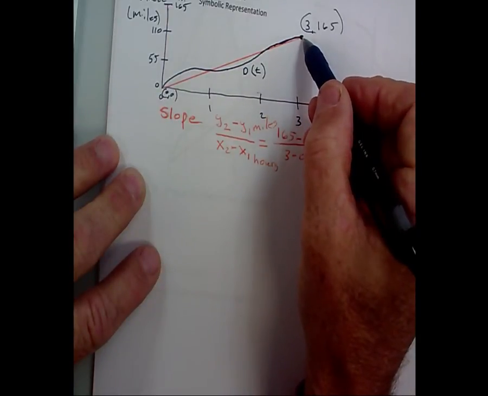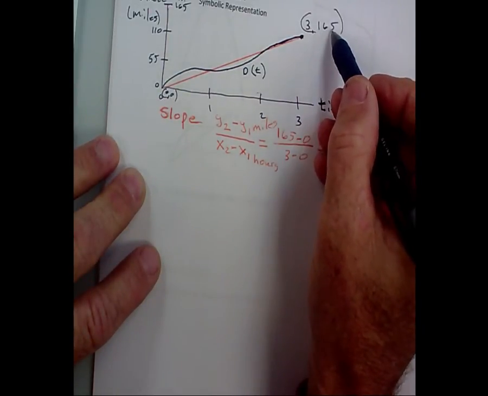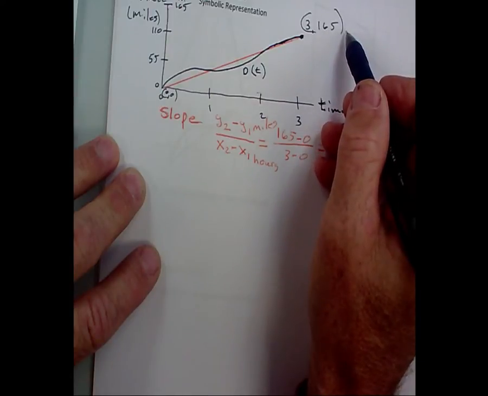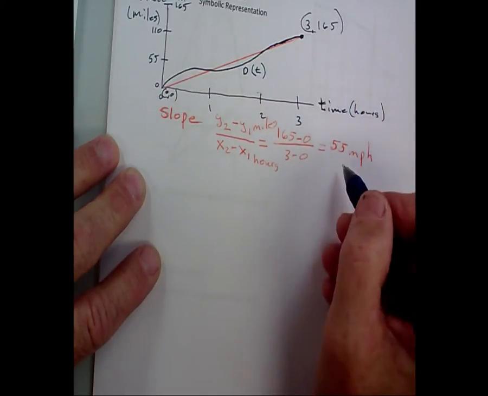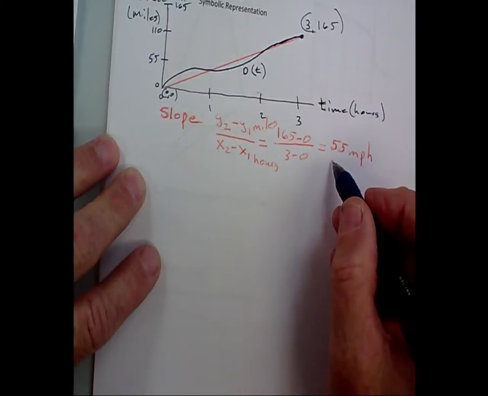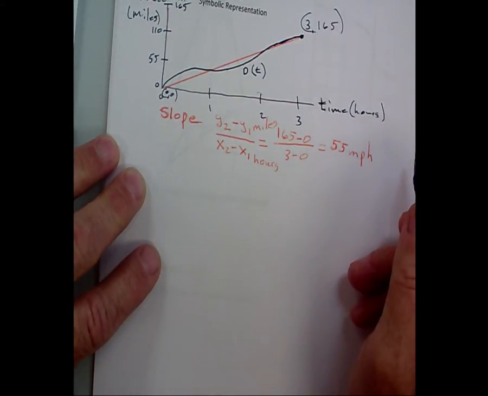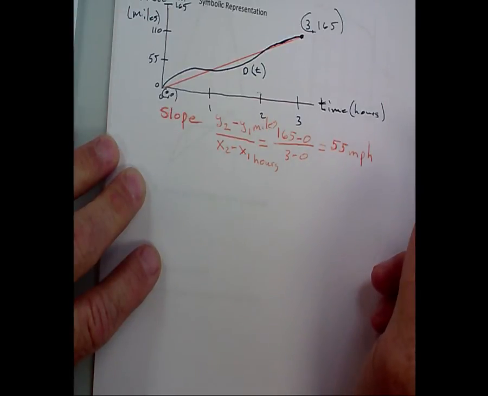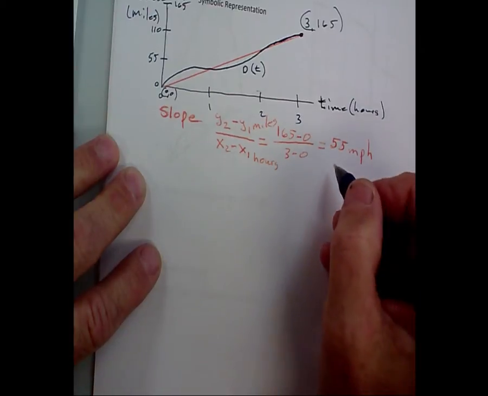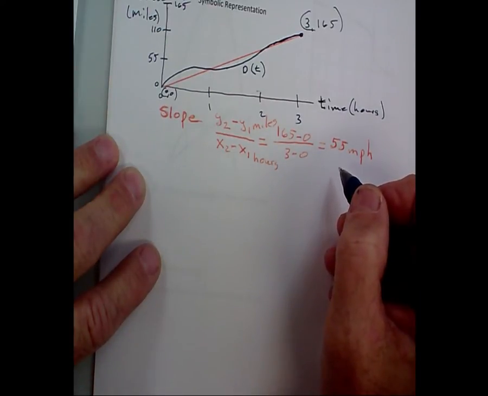I ended up at my parents' home, which is 3 hours, 165 miles away, and I come up using the slope formula with this 55 miles per hour. Okay? In context of my story, what is this speed? Average speed. Okay, this is my average speed. Would you agree?